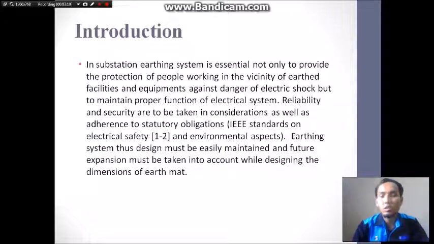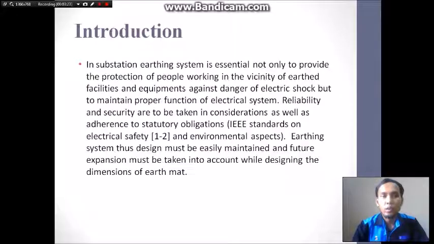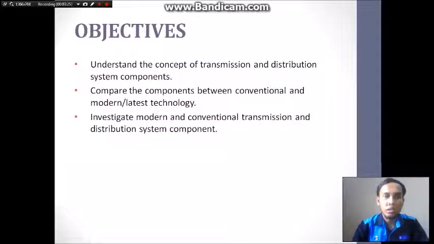So our objectives for this project are: first, understanding the concept of transmission and distribution system components. The second is to compare the components between conventional and modern latest technology.